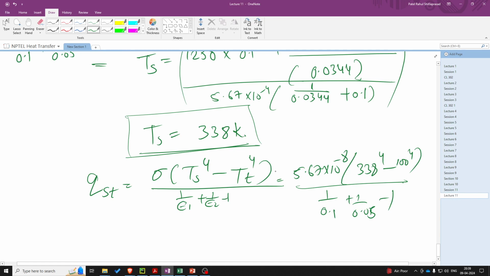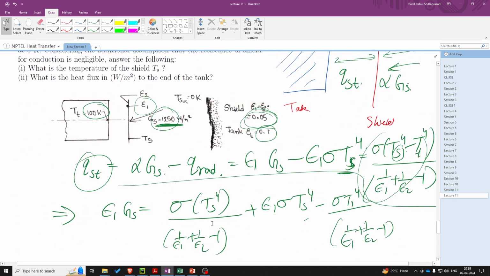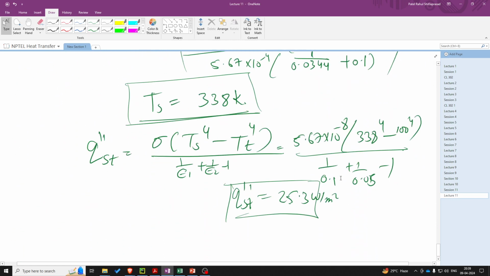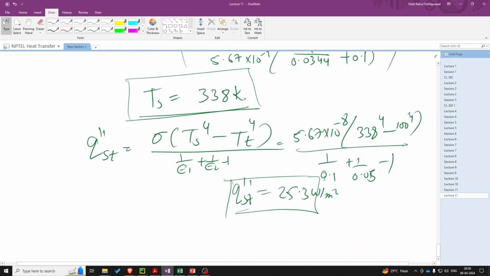So if you calculate this, the value of QST, so the heat exchange, the overall flux, since we're dividing this by area, the flux will become 25.3 watt per meter square. That is, the overall heat flux to the tank will become 25.3 watt per meter square.